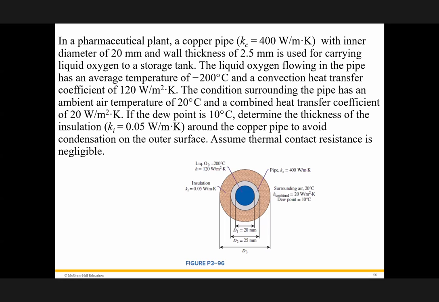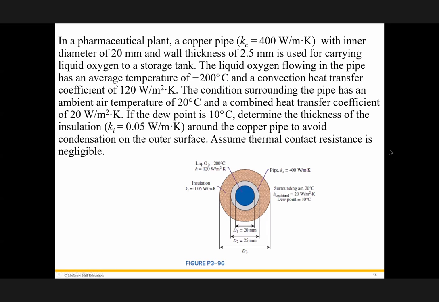And based on the information given, the dew point of minus 10 degrees, how can I use that temperature? Therefore, please first try to draw. So the 10 degrees, we can use it as our T surface maximum or minimum, because we don't want it to reach below this.